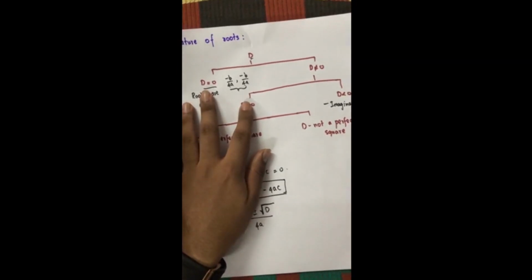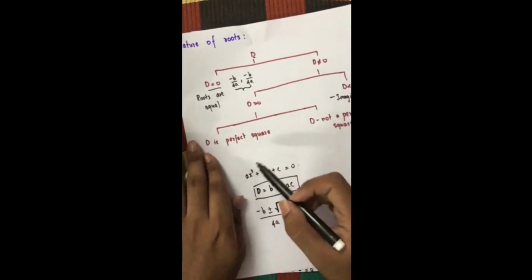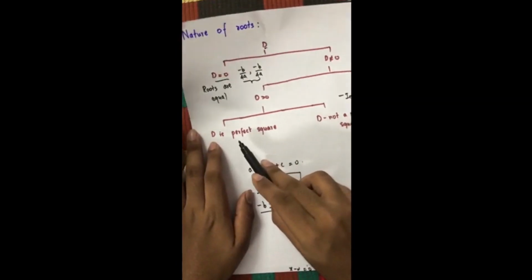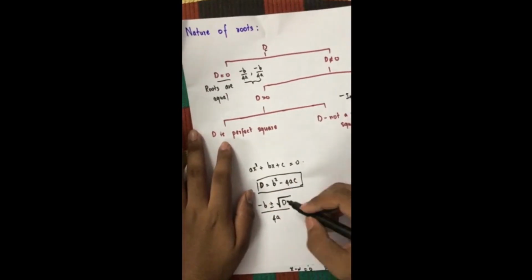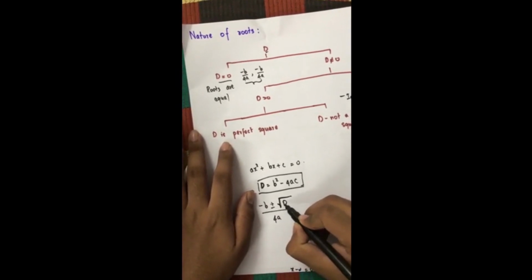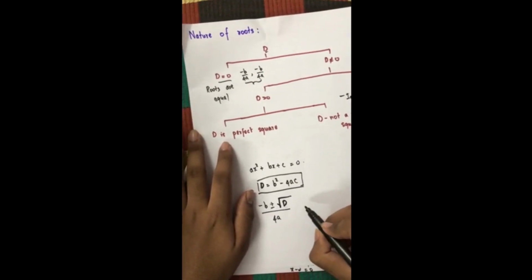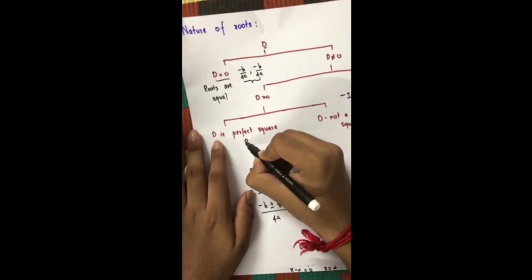Now if D is greater than 0, then it can be further classified into two types. It can either be a perfect square or not a perfect square. What happens if D is a perfect square? Then the root gets cancelled and we get a rational number.